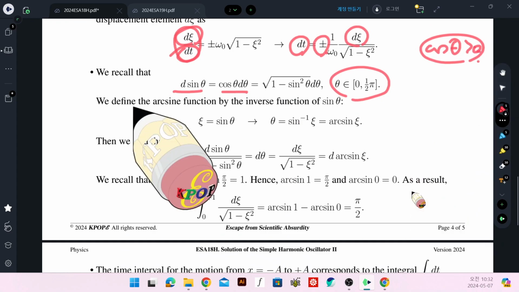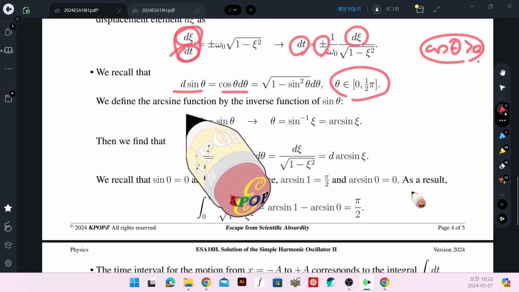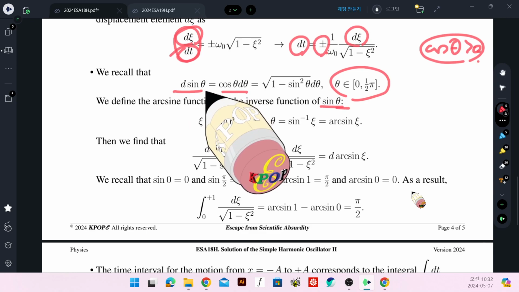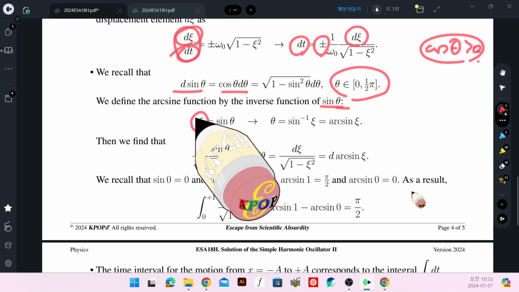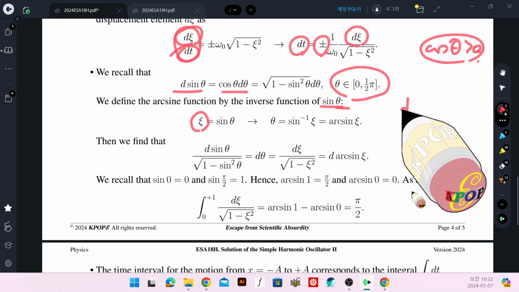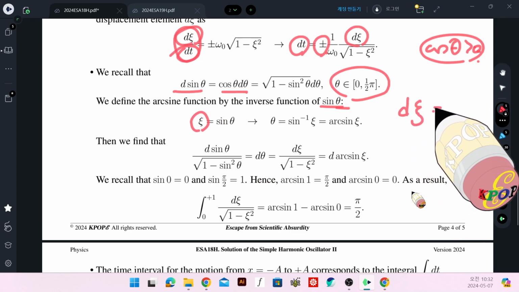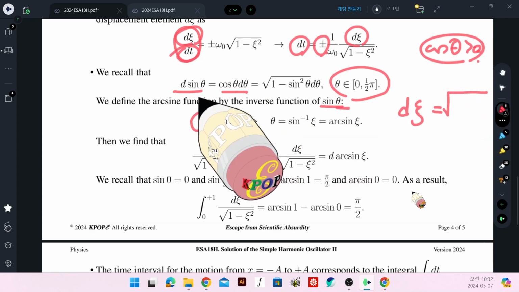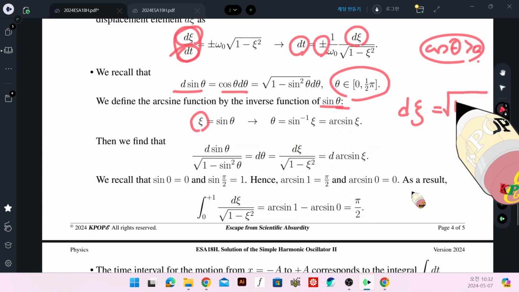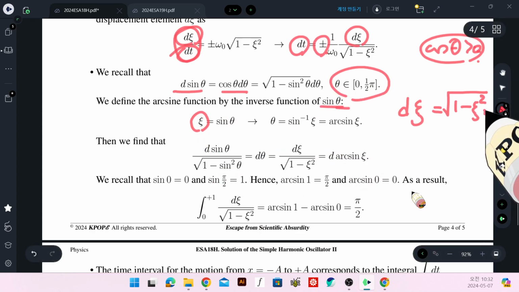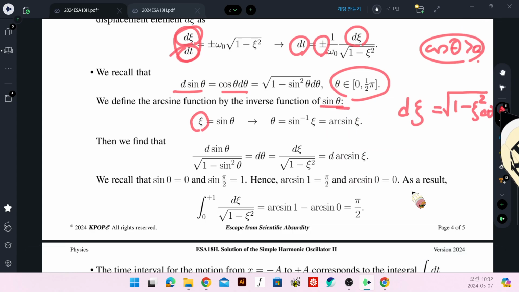So we define the arc sine function, that is an inverse function of sine theta. The sine theta is replaced with xi. Then we find that d xi equals square root of 1 minus sine squared theta, that is square root of 1 minus xi squared, d theta. Okay?